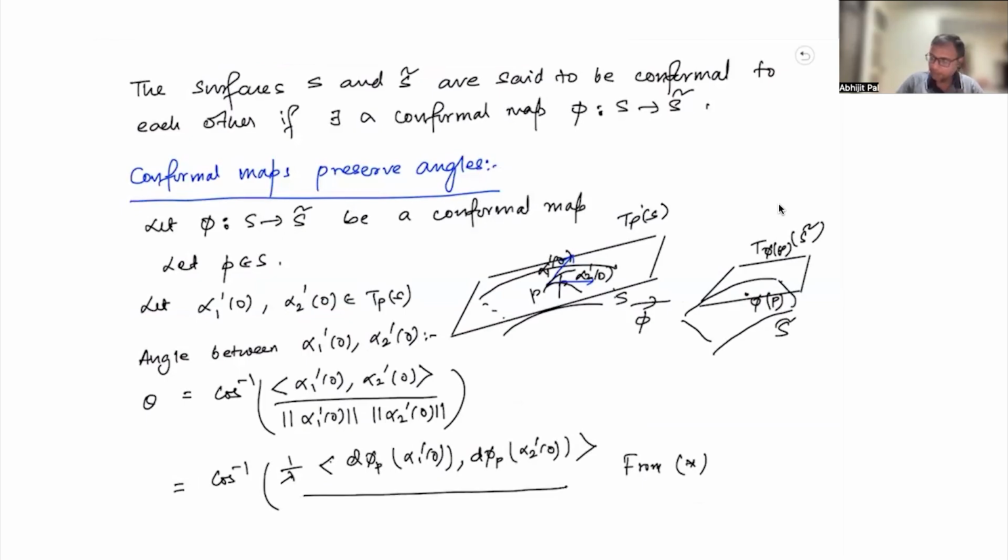And this whole thing will be divided by 1 by root lambda times the norm of d phi p alpha 1 prime 0, times 1 by root lambda multiplied by the norm of d phi p alpha 2 prime 0.